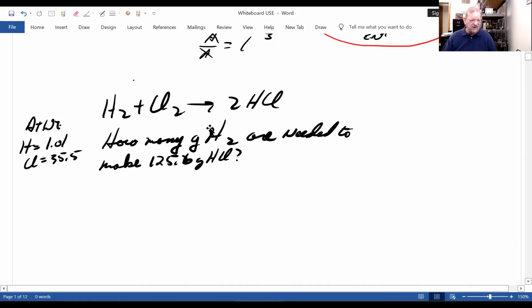And the question is, how many grams of hydrogen gas, H2, are needed to make 125.6 grams of HCl? Now, to help you out, and you won't get this on the test, but here's a little help.